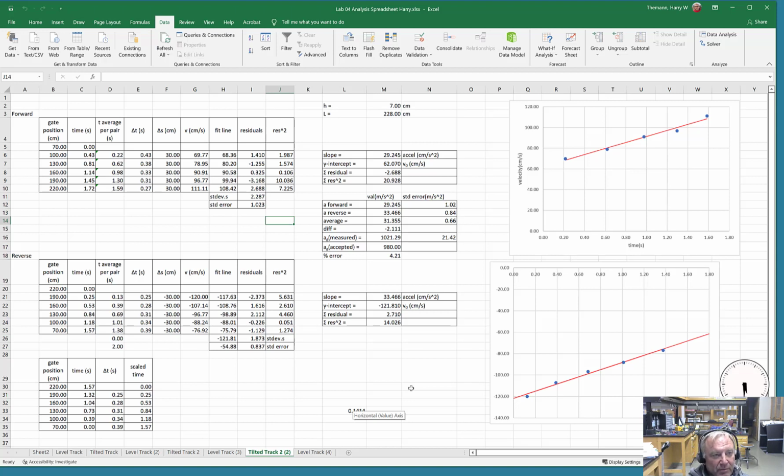Because when we tilted up the end with gauge 0, and we've defined that as our positive direction because gauge 0 is at 70 centimeters and gauge 5 is 220, and if we send it from gauge 0 to gauge 5, it's moving in the positive direction, which also means it's tilted that way. So we're not surprised when we graph this all, we get a positive slope.